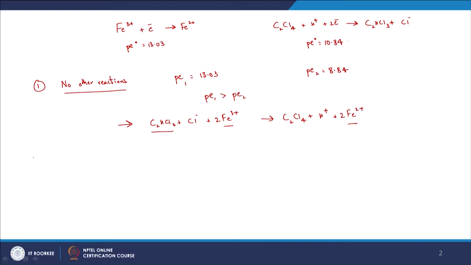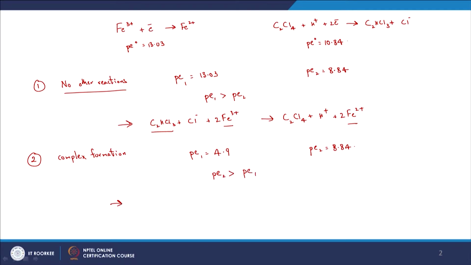But we saw that when we considered the other case, where we also have complex formation along with the redox, P1 dropped to, I think, 4.9 and P2 would still be the same, 8.84, right. And so now P2 is greater than P1.